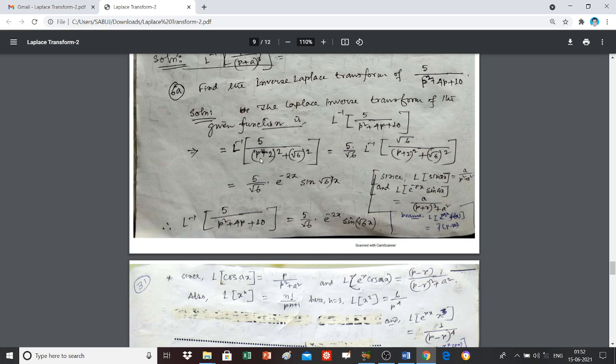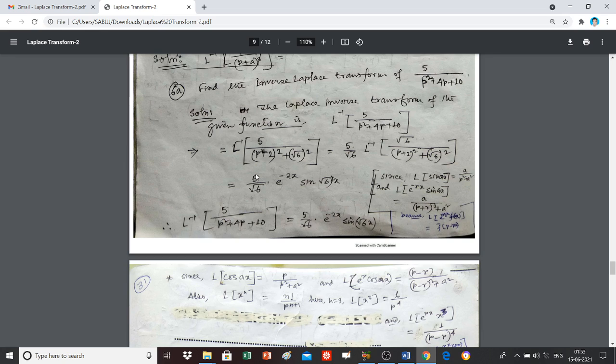So that can be written as p plus 2 whole square plus root 6 whole square. So this 5 is taken here and I divide it by square root 6, then L inverse, and I take another square root of 6 here. Then this will give you essentially this one: 5 by root 6 times L inverse of square root 6 by p plus 2 whole square plus square root 6 whole square.